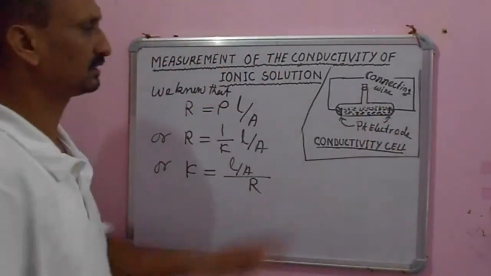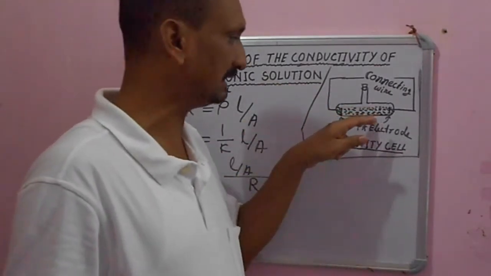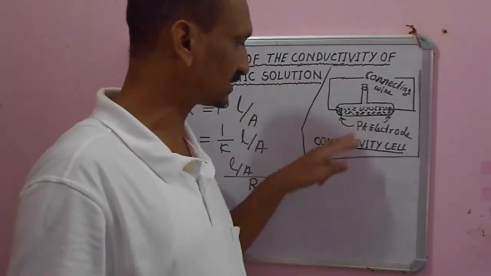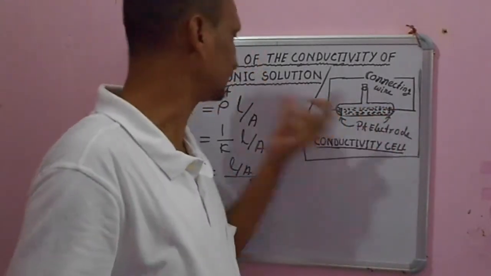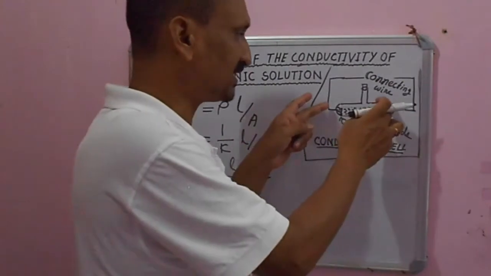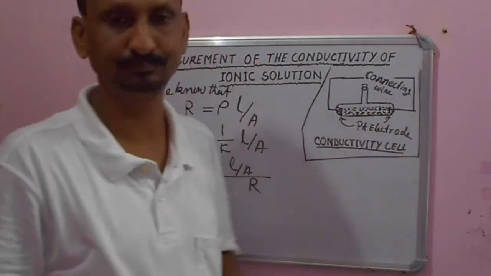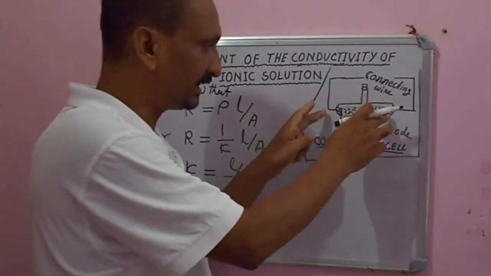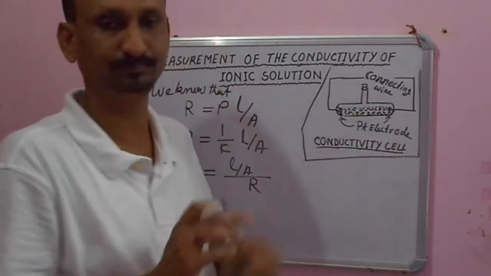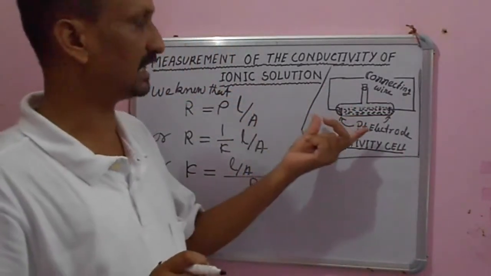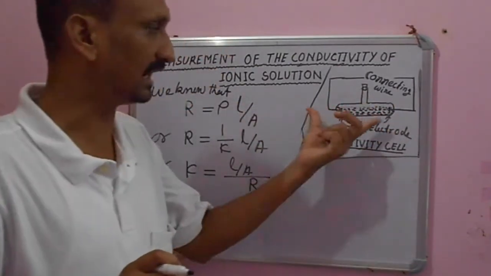Any kind of electrolytic solution or ionic solution we can take in this conductivity cell, and accordingly we will get one column of that ionic solution having a specific length L and a specific cross section area A. But since it is a liquid, we will not directly measure the length L or the cross section area A. So how will we measure L by A for this conductivity cell, that we have to know first.